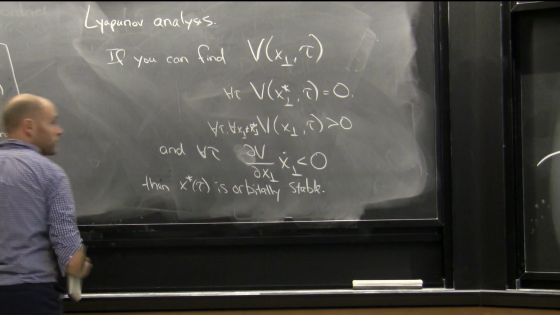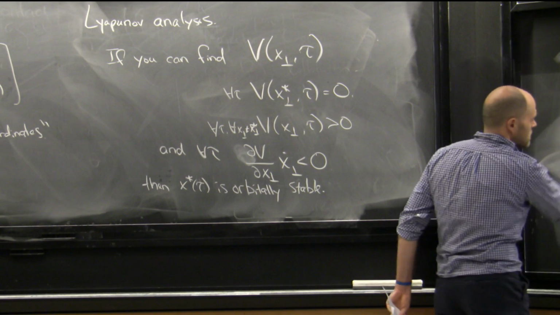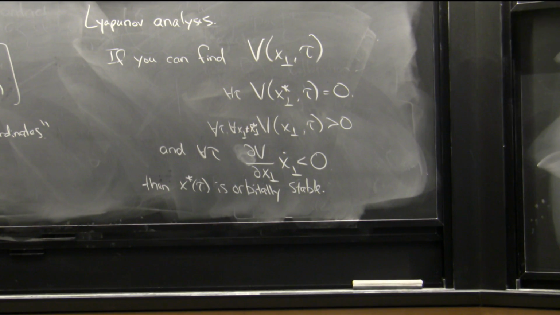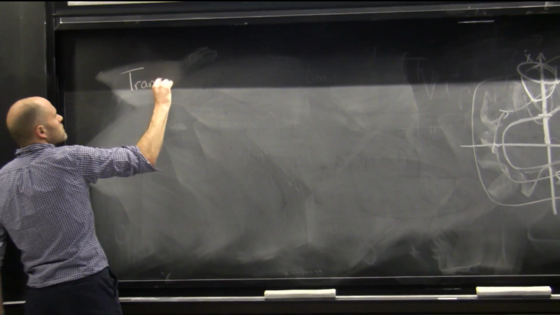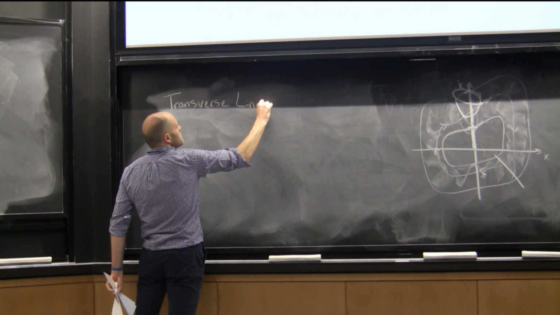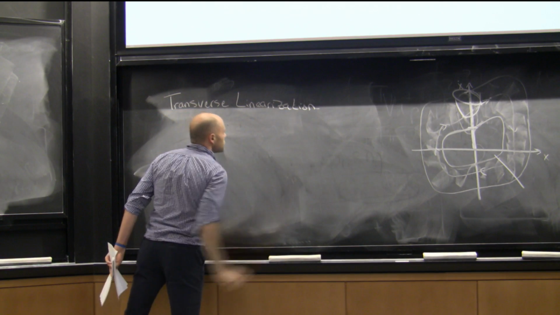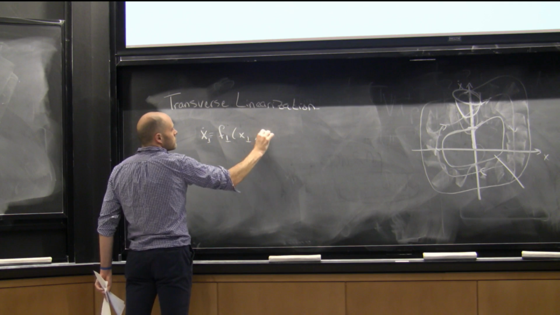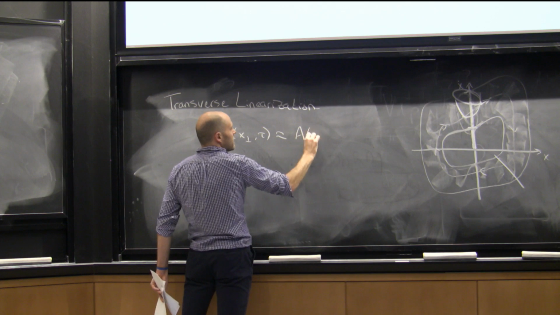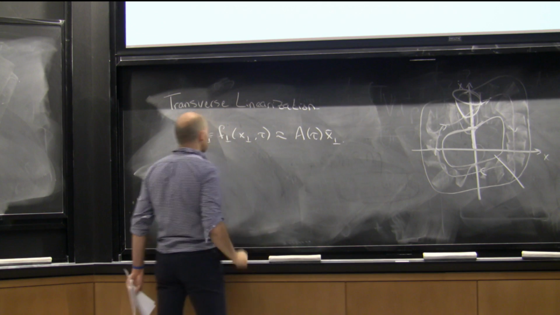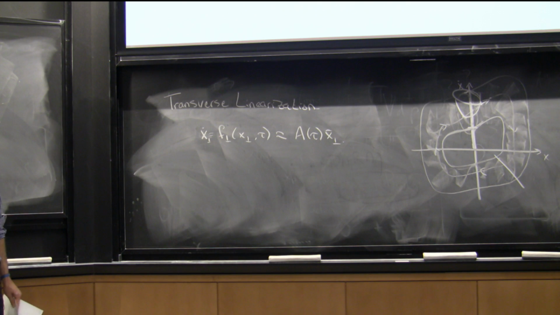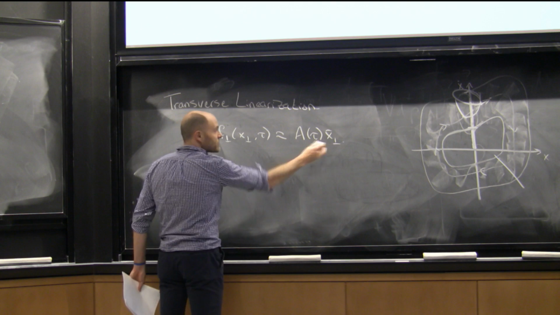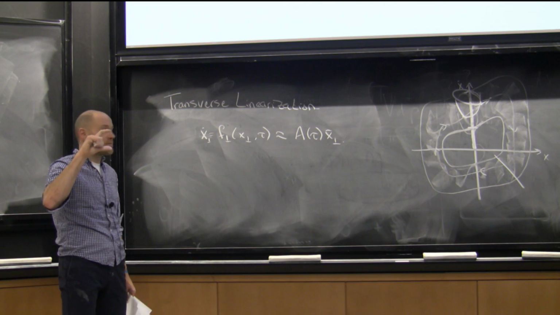So if I approximate this by some A of tau x perp bar, let's say, then I basically have a time varying linear system on my n minus one dimensional system.